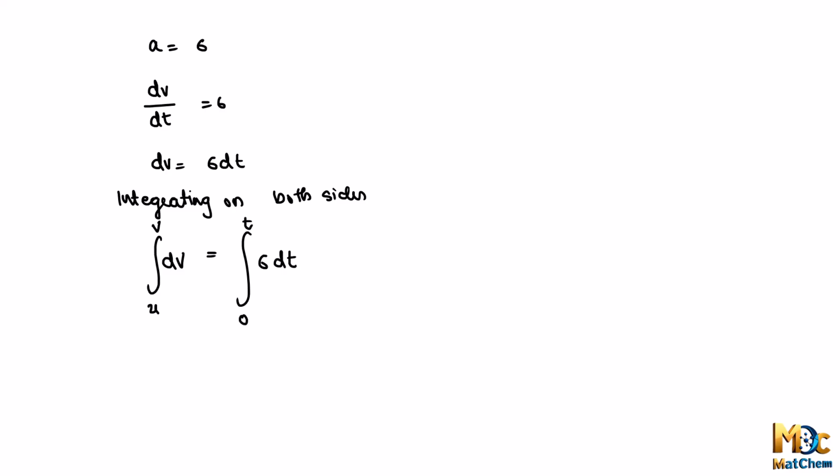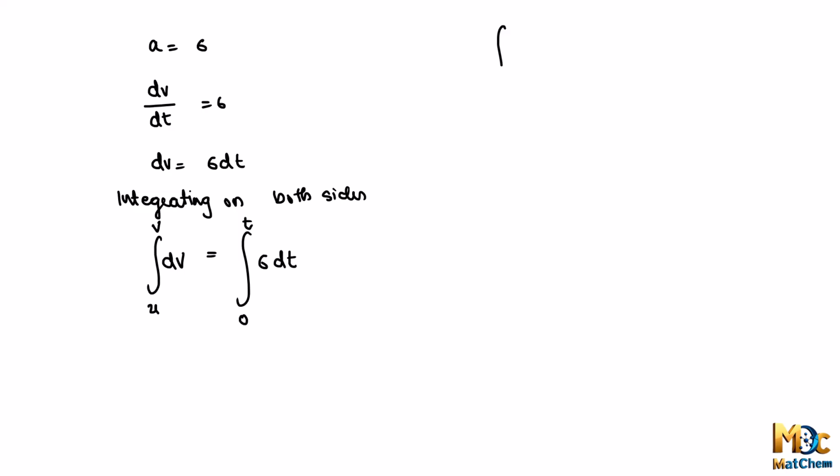If you do integration on both sides, integral dv, we know that the velocity changes from initial velocity to final velocity, is equal to integral of 6 dt. Time changes from 0 to t.